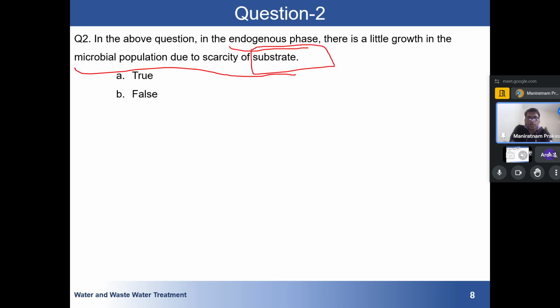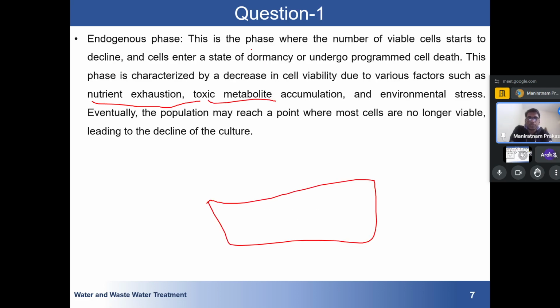Remember, in this endogenous phase, cells undergo programmed cell death and all these things. But the main thing is that the rate of growth is very less as compared to the rate of death. That's why it has achieved the endogenous phase.